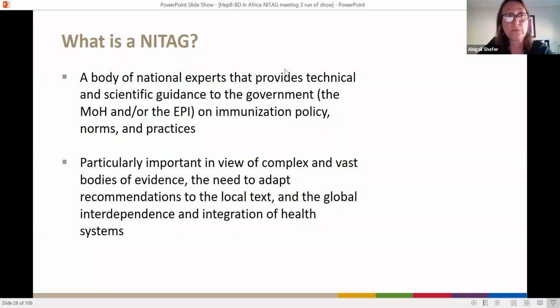And the basis of the decision-making is disease epidemiology, clinical characteristics, vaccine and immunization characteristics, sometimes economic considerations, as well as political and public health considerations. So this is particularly important in view of the complex and vast bodies of evidence we have, the need to adapt recommendations to the local context, and the global interdependence and integration of health systems. So next slide.